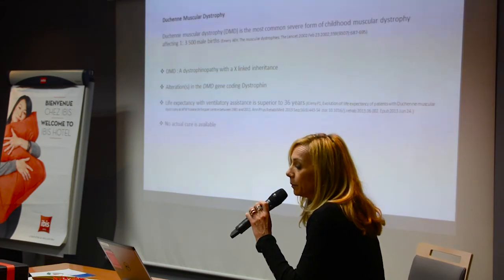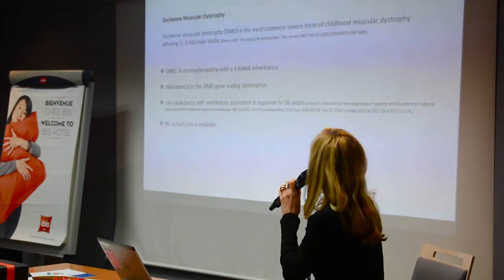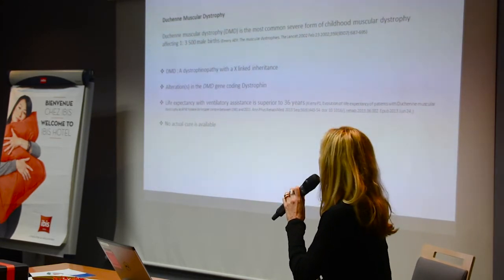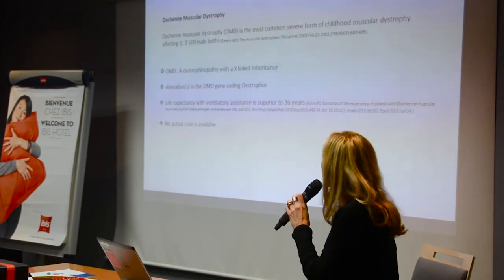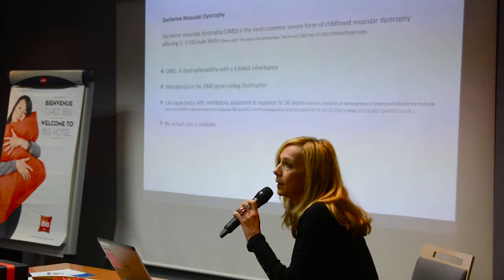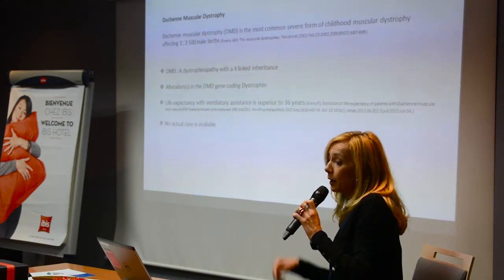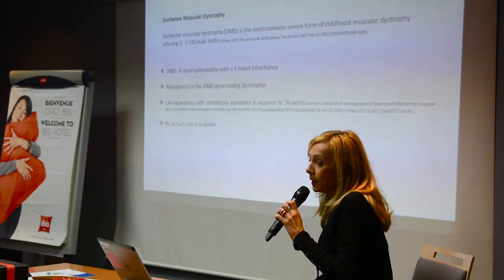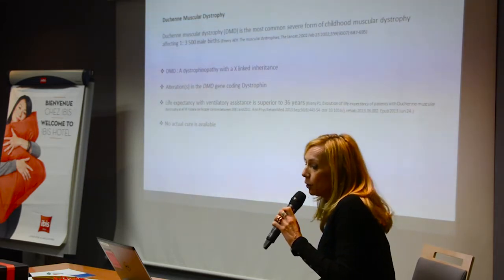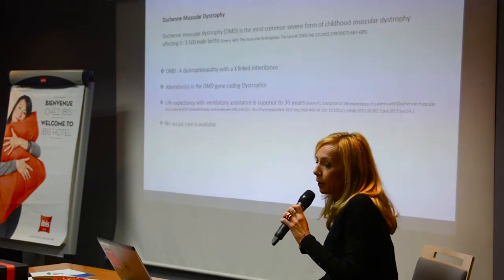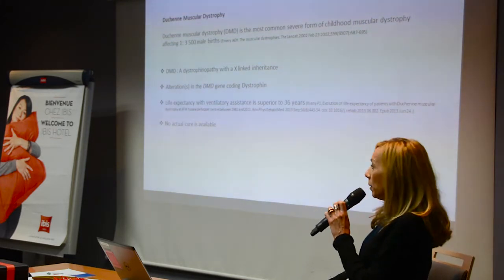DMD is a dystrophinopathy, which is X-linked inheritance. This disease is due to alteration in the DMD gene coding dystrophin. The life expectancy with ventilatory assistance is superior today to 36 years, and there is no actual cure available.